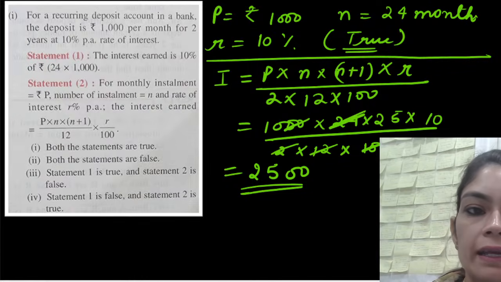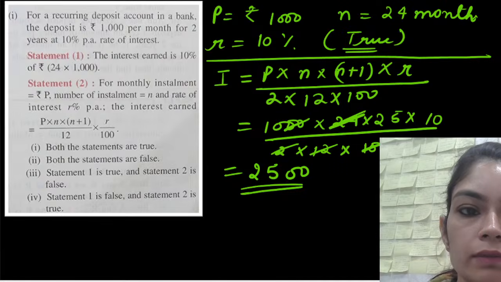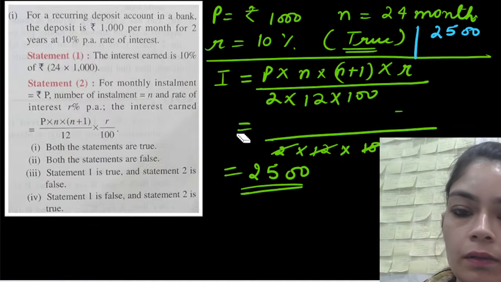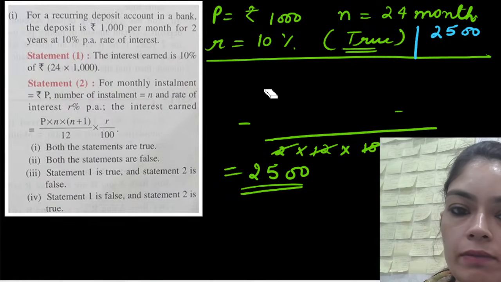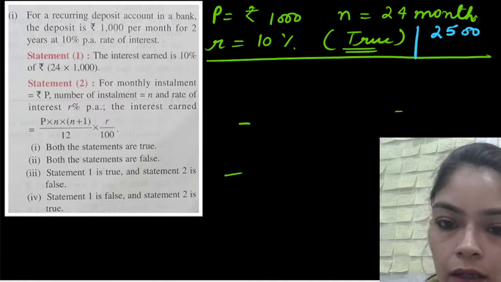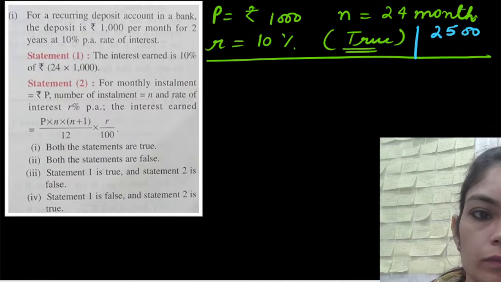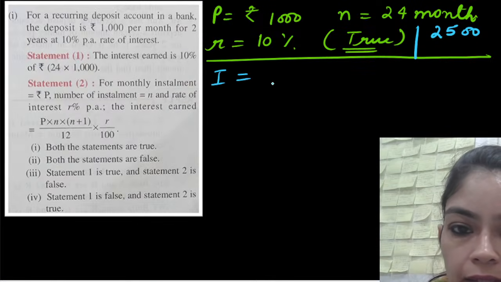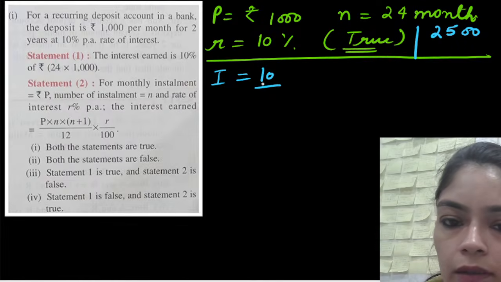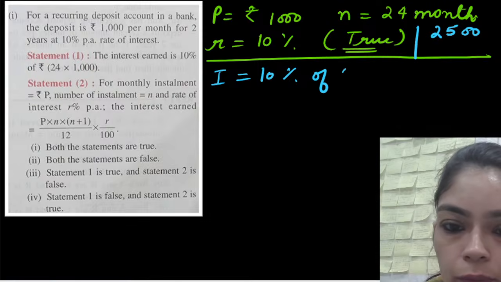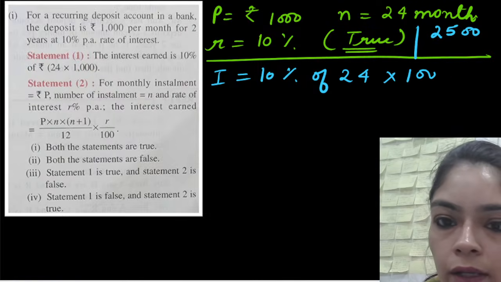Let's see what they have given to us. That also we will simplify and check. Here I am writing the value which we got, 2500. The value which they have given to us: it's 10% of 24 into 1000.